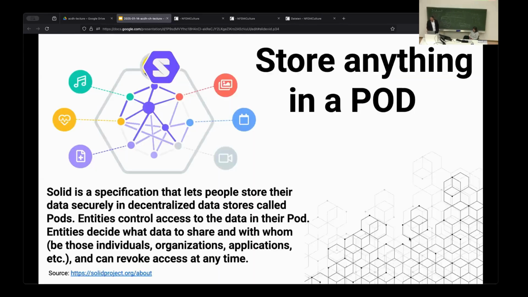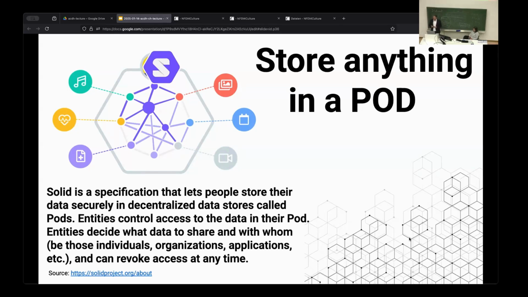Why is it so interesting? Because the SOLID acronym translates to socially linked data. SOLID has the concept of a pod. So the idea is that every individual, so we are coming from social media here, but that can also be applied to cultural heritage institutions, any entity, let's name it like this, can have a pod.